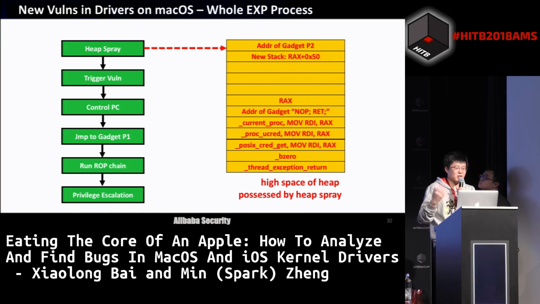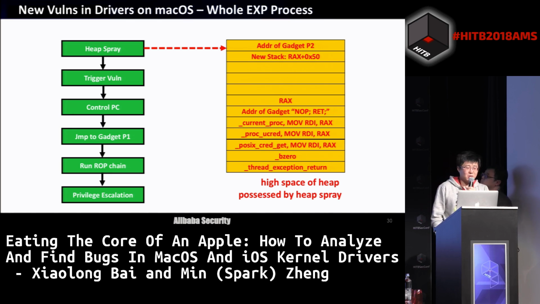Then you use the race condition bug to control the PC register. After that, you use the PC register to jump to gadget 1 so that you can control the stack. After controlling the stack, you can run the ROP chain and get the root privilege and finish the privilege escalation.